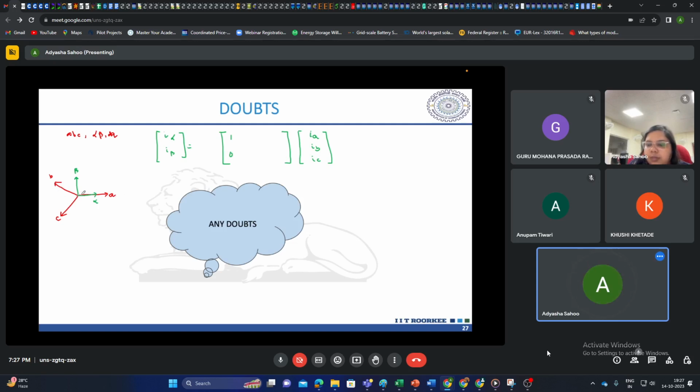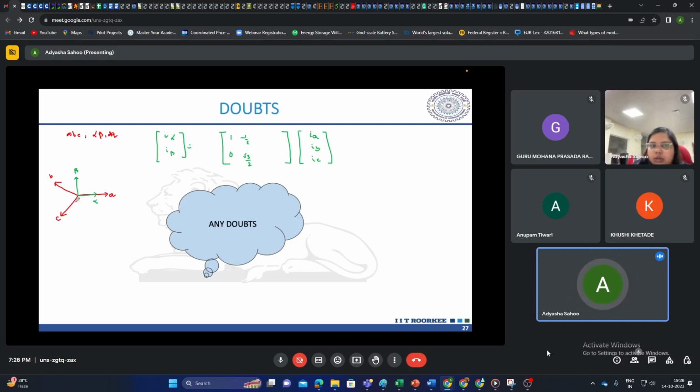Similarly, for this B, if you decompose it into sine and cosine parts, the alpha component opposes it, in the opposite direction of alpha, so it will be negative, and for beta it will be positive. It will be in sine and cosine of 60 degrees angle. Hence you get these values, and the direction will tell whether it will be positive or negative.